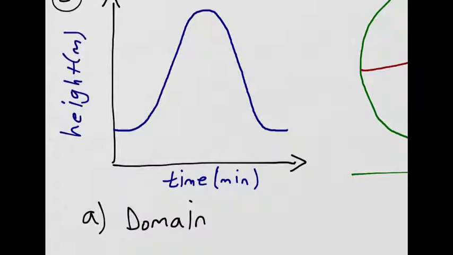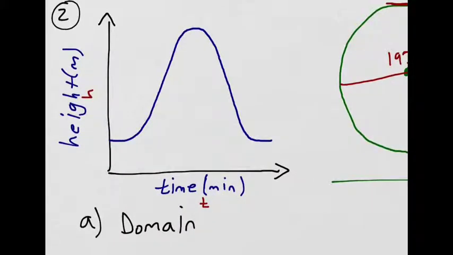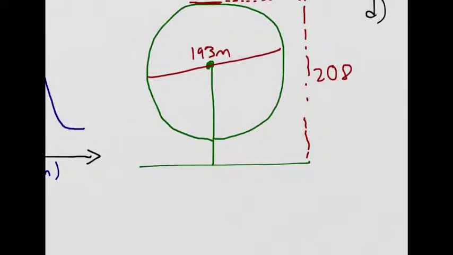Okay, time in minutes, height in meters. We could use the variable t to represent time and h to represent height, just to make things clear. Also, another thing to note is that the problem said it takes 20 minutes to go around the Ferris wheel. That's going to be important. So you get on, 20 minutes later, you come back to where you started.